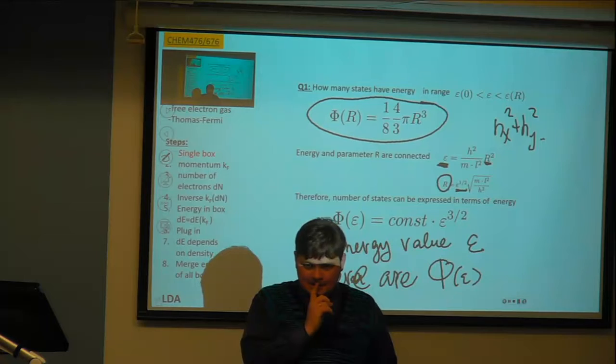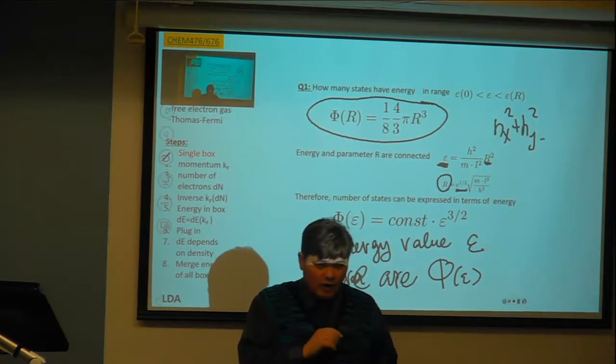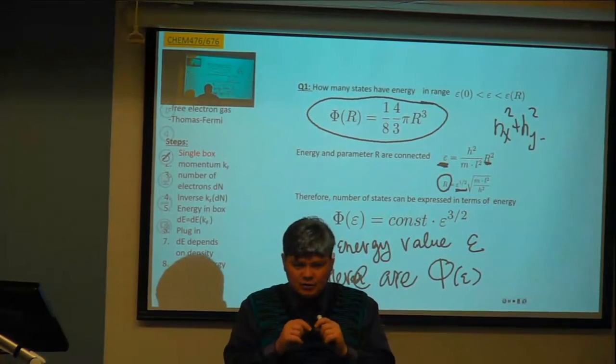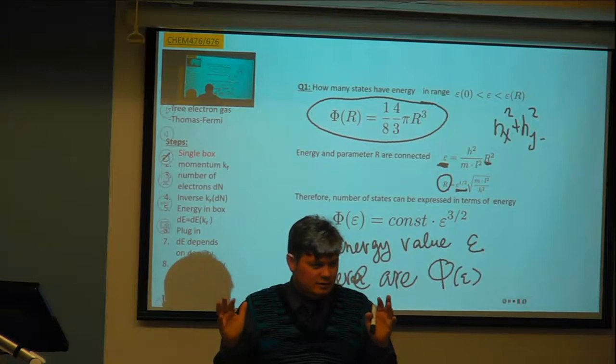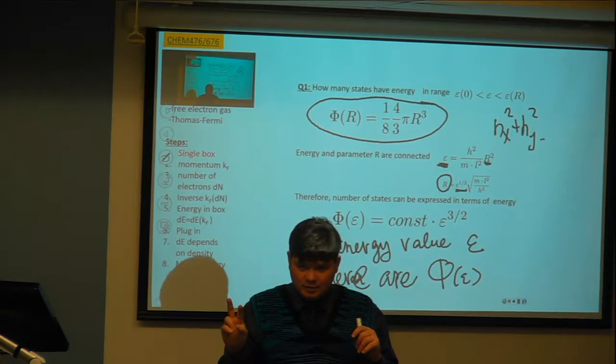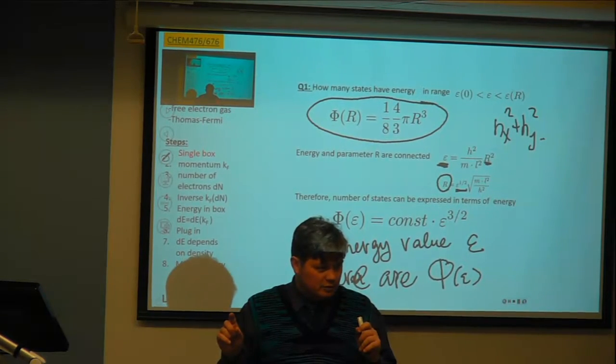So you can find energy right now. You did agree that you can find energy as a function of this radius in this space of quantum numbers, right? But you can do the opposite. You can find radius as a function of energy.